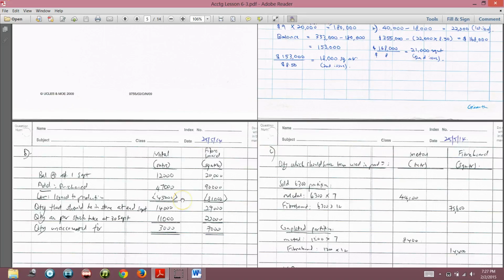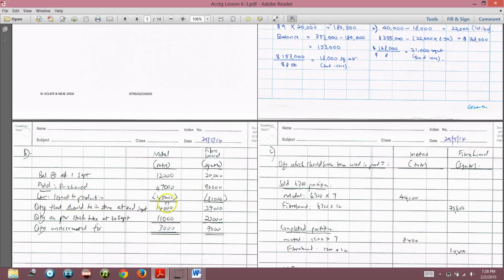Issued to production. Whenever the store issues to the production manager, the store manager will make sure the production manager signs for what is issued, so that later he won't get blamed for any missing stock.